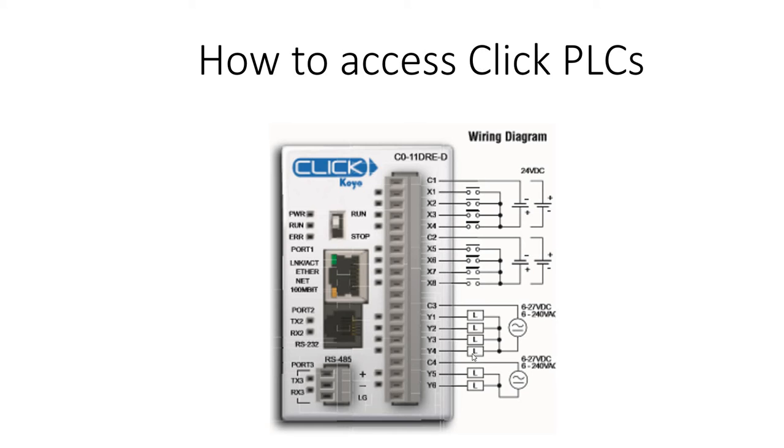In other words, this first group with C3, these could all be AC, Y1 through Y4. And if we had some DC, we could have those on Y5 and Y6 as long as we're connected to C4 with our DC. So anyway, that is the Click we're using, and this would be the Ethernet port that we're actually connected to in the lab.